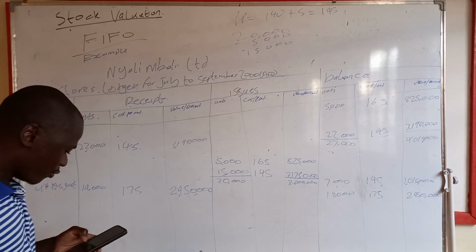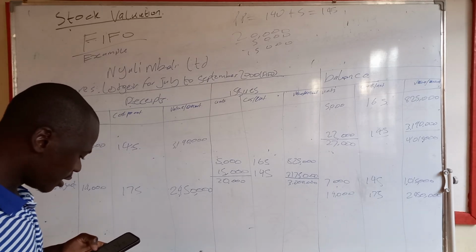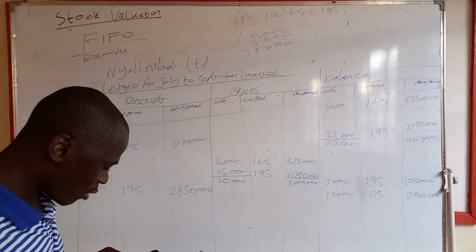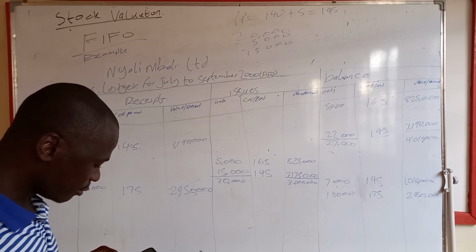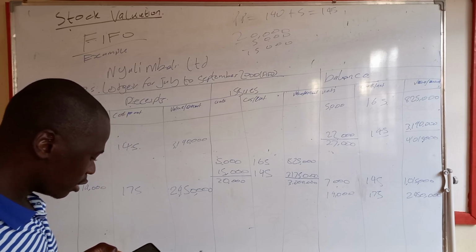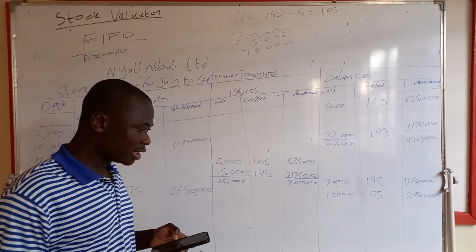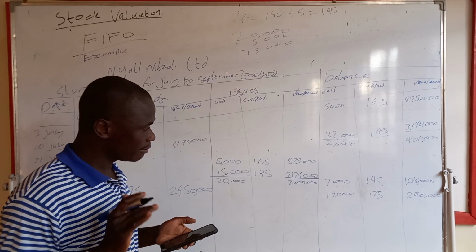Then on 30th August, the sales for the month of August were 14,000 tires at a selling price of 230. We remember we said we don't deal with selling price here.